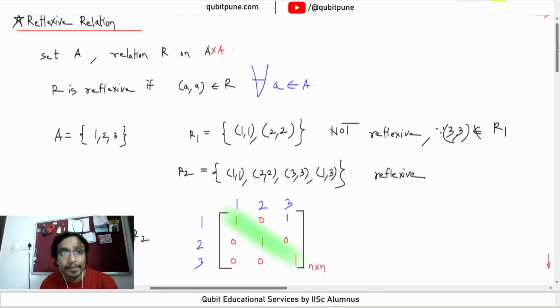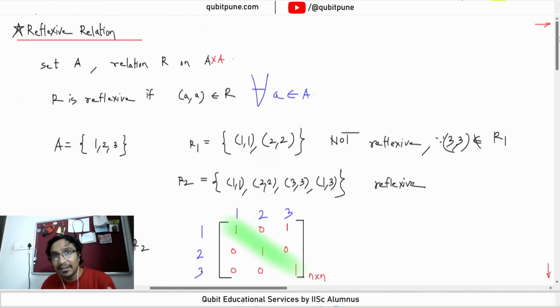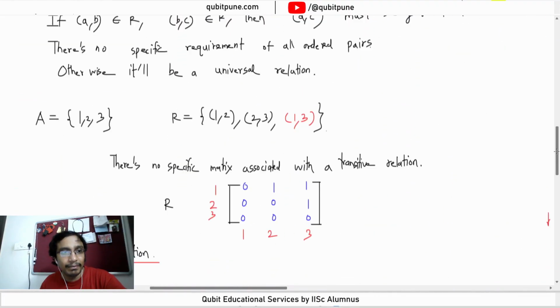But if we're looking for a reflexive relation, then it has to have all ordered pairs from the Cartesian product which have the same components. We cannot even leave out one, like we left out 3, 3 from R1. We did not call it a reflexive relation. It may have additional pairs, but it should definitely have all those which have the same first and second component. Fine. So keep that in mind.